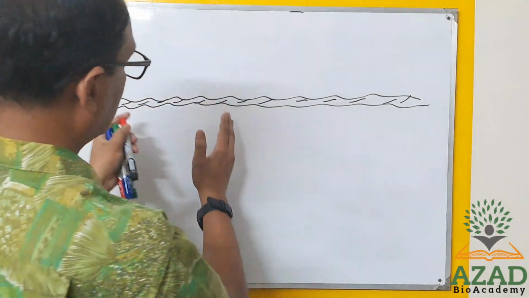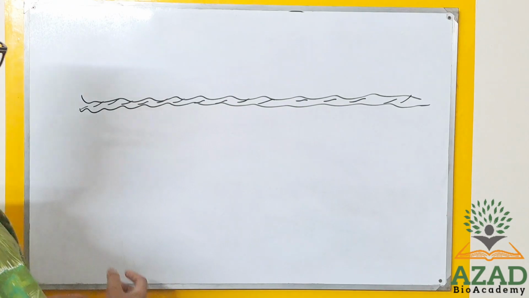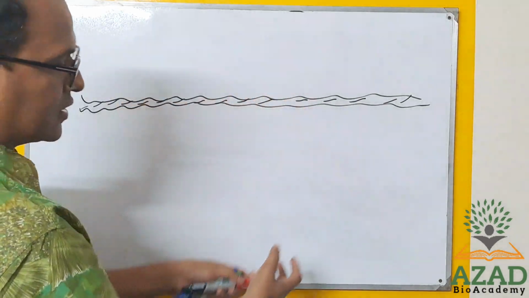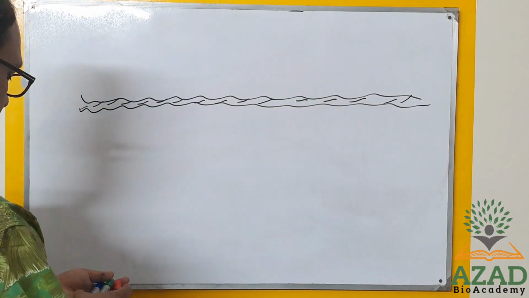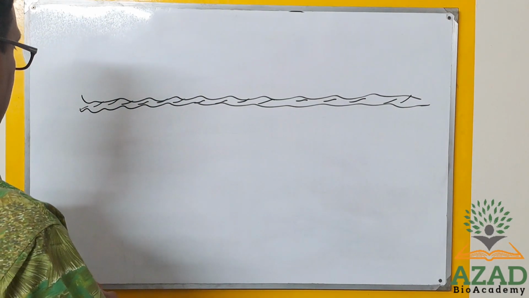Okay, so that will convert into another form, and it will be associated with another sugar. Okay, so now what will be happening here? Now I will try to explain.